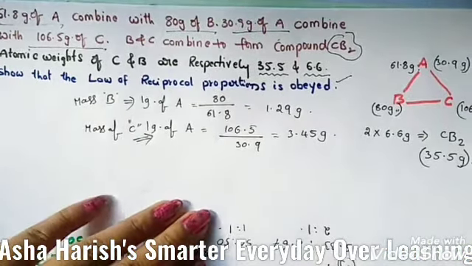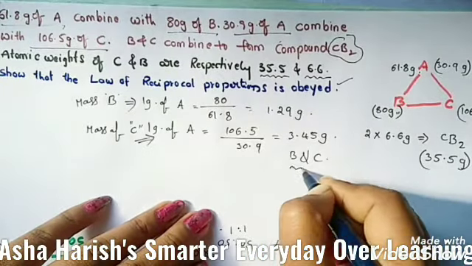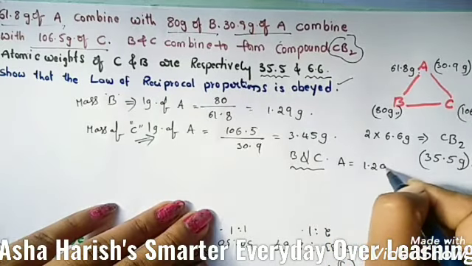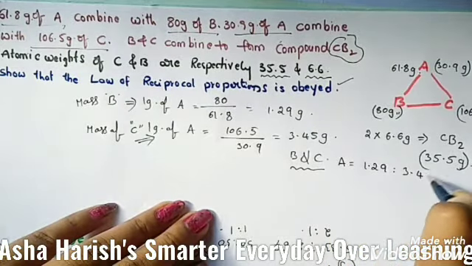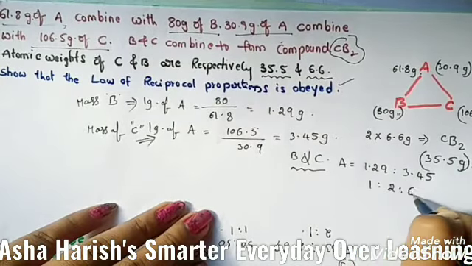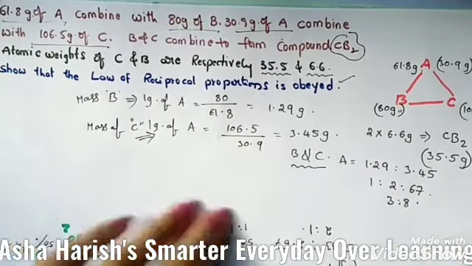And the ratio of masses of B and C combining with the fixed mass of A is 1.29 is to 3.45, that is equal to 1 is to 2.67, that is only 3 is to 8.